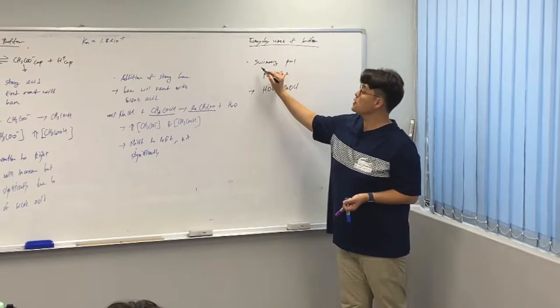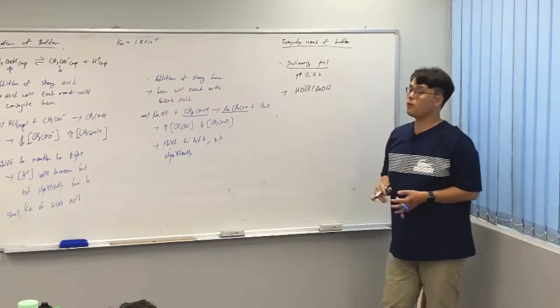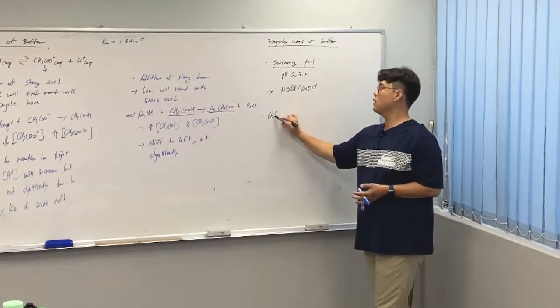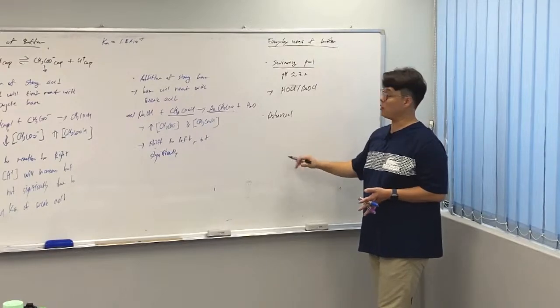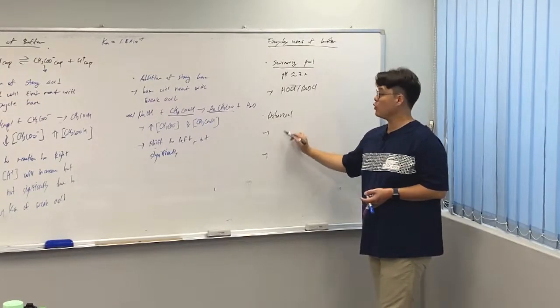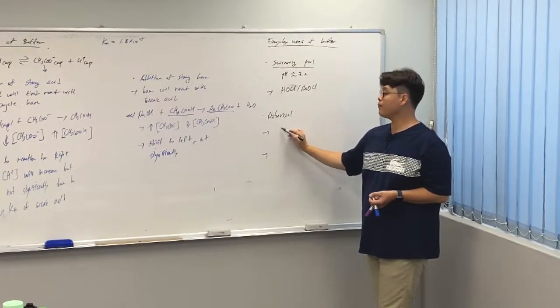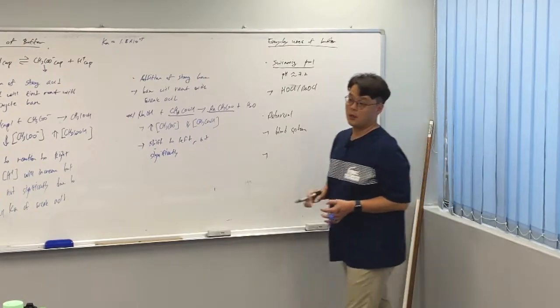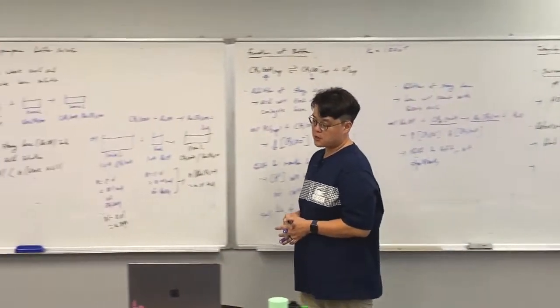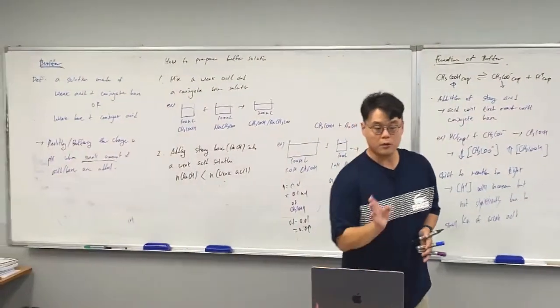Okay, that's 1, 2. We can also use buffers in the natural world, or in nature. So, 2 examples. We have buffers in the blood system. For more information about the blood system and buffers, it's provided at the back of your workbook.